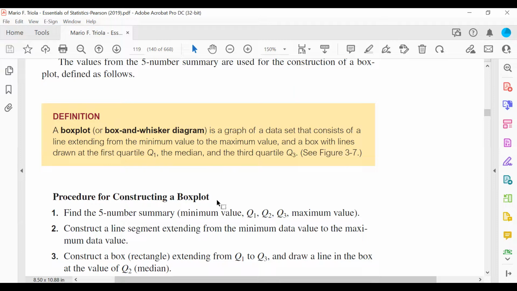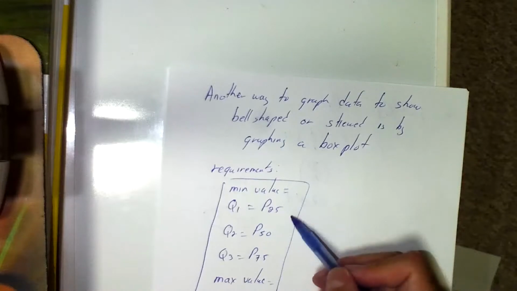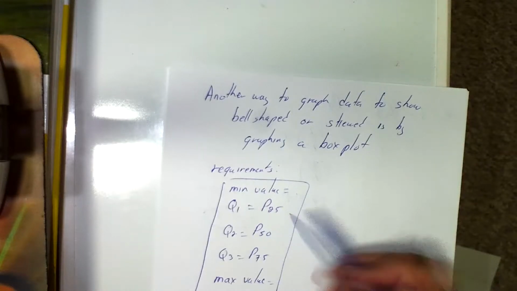So you need 5 values to graph. These are the 5 things that you need.